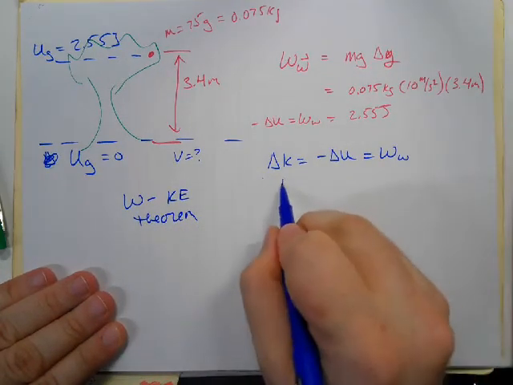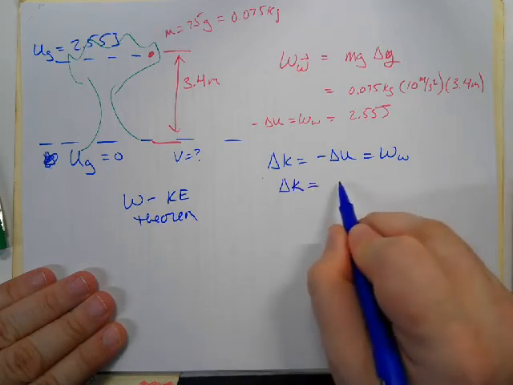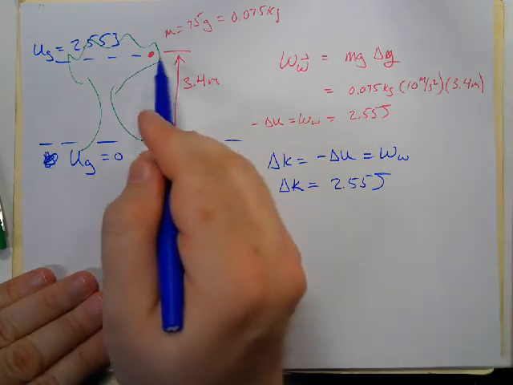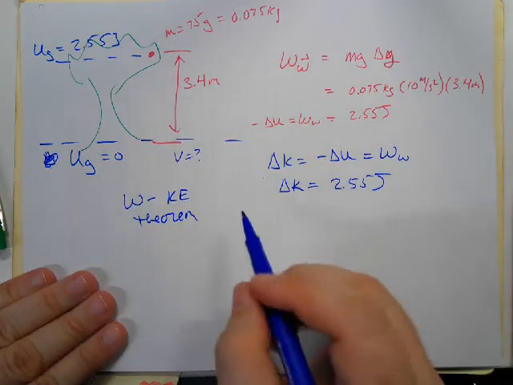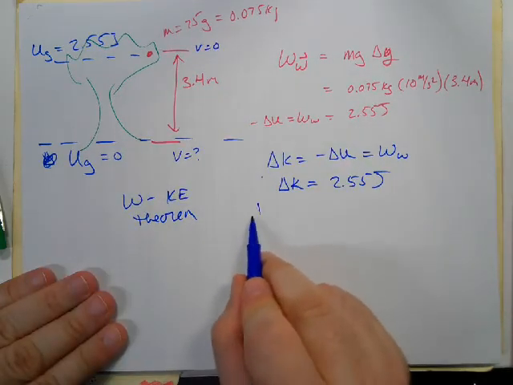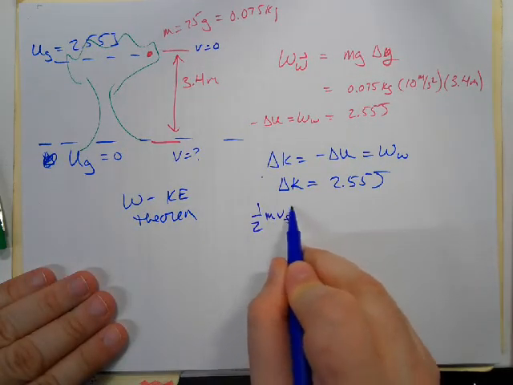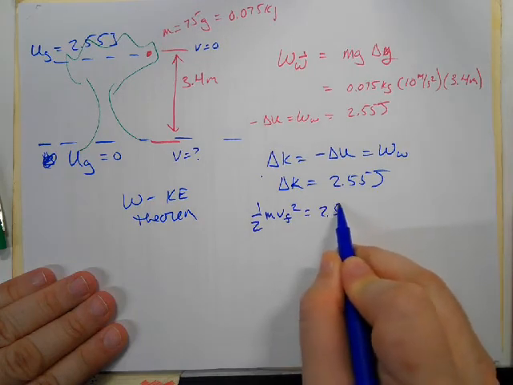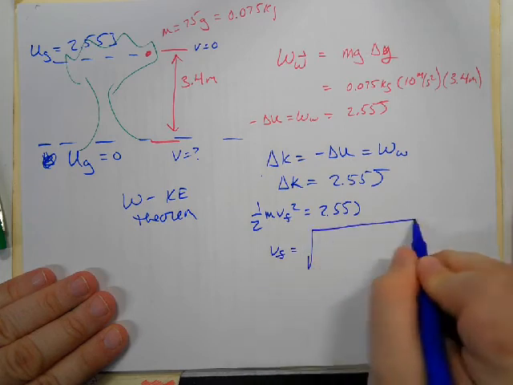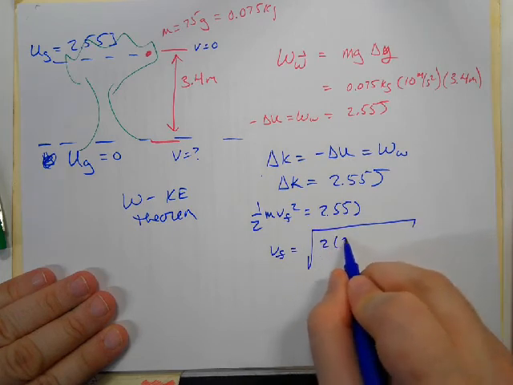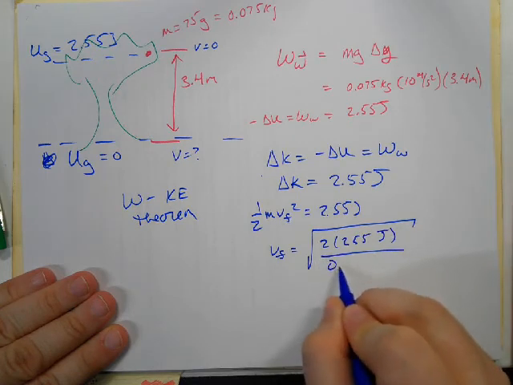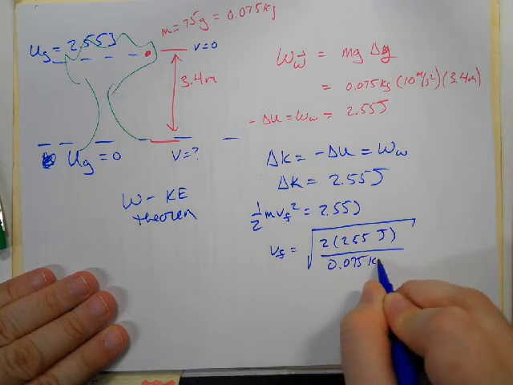So we can just say delta K is 2.55 joules. But the apple falls starting from rest, so V is 0 there. So this is just 1/2 m V final squared is 2.55 joules. And so V final is the square root of 2 times 2.55 joules over 0.075 kilograms.